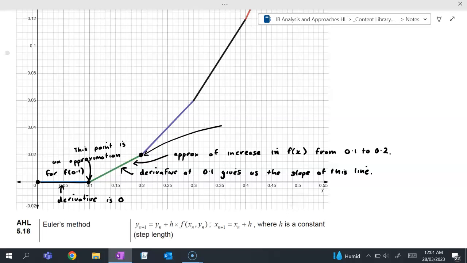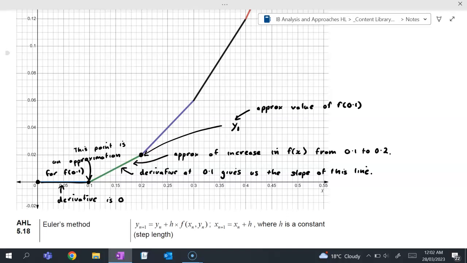Well, it would be the y value at 0.1. Now we call that y1, so that's the approximate value of f of 0.1, because it's after we've done one step of Euler's method.